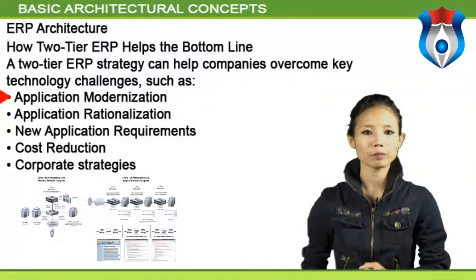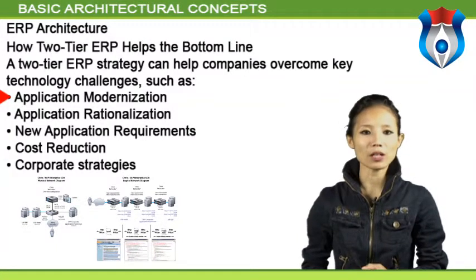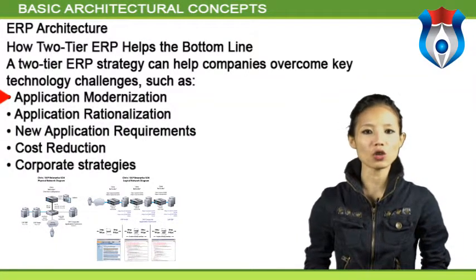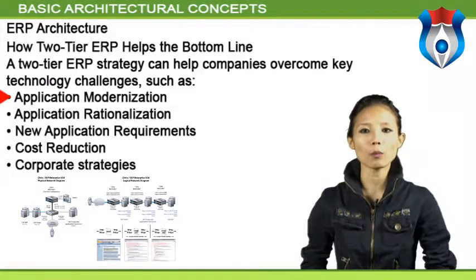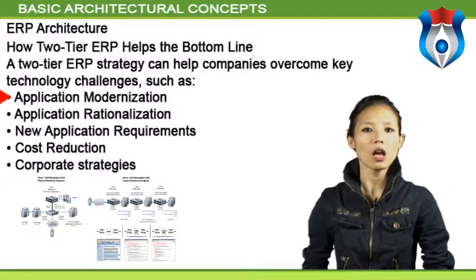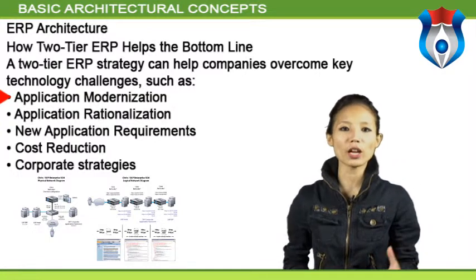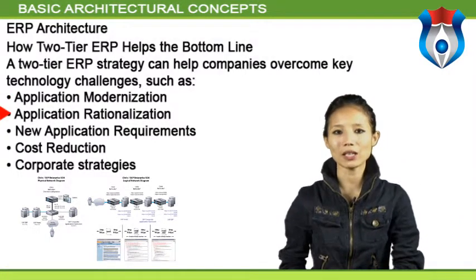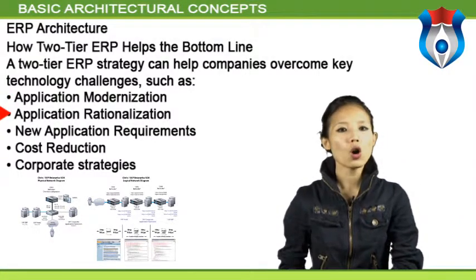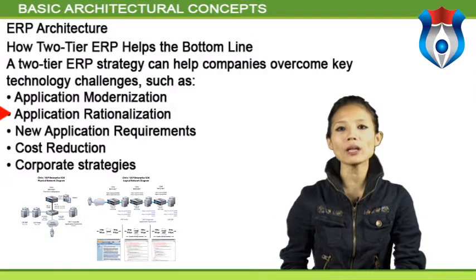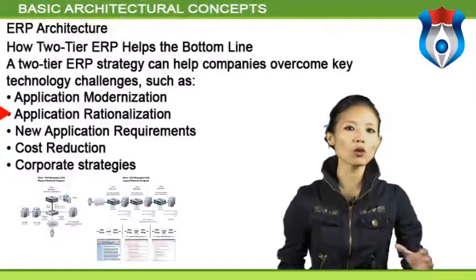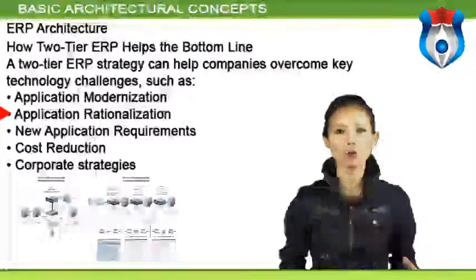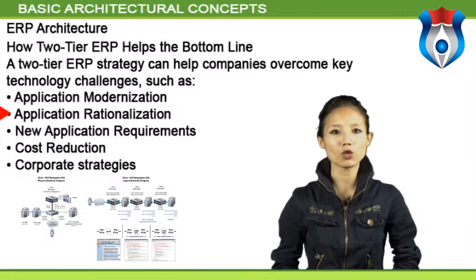Enterprises considering an application modernization strategy can use two-tier ERP to continue operating efficiently while adapting to rapidly changing business needs. Application rationalization. Organizations can deploy on-premise ERP to support core corporate functions while deploying cloud ERP for market-facing functionalities.